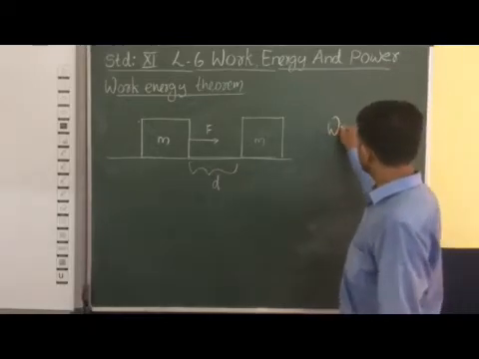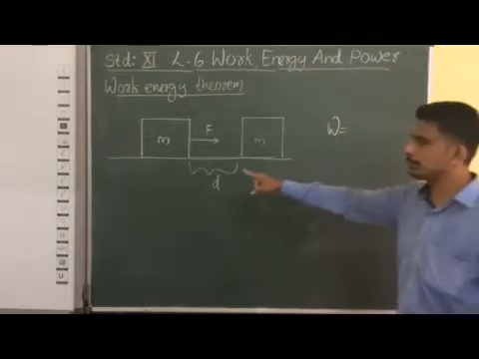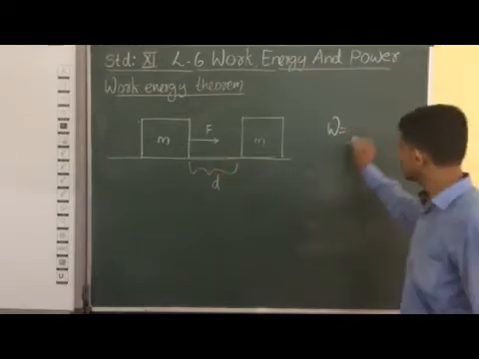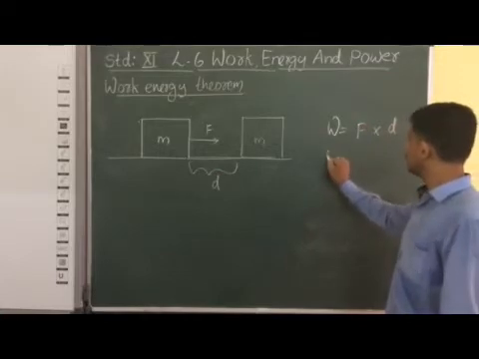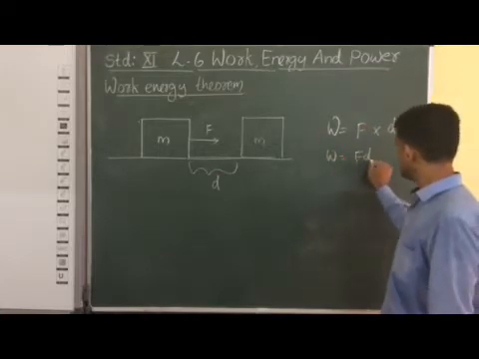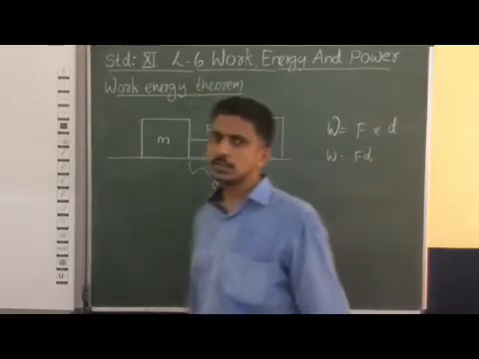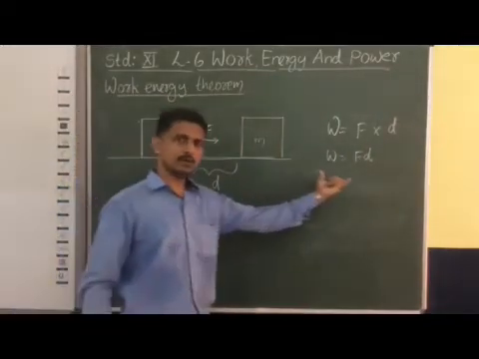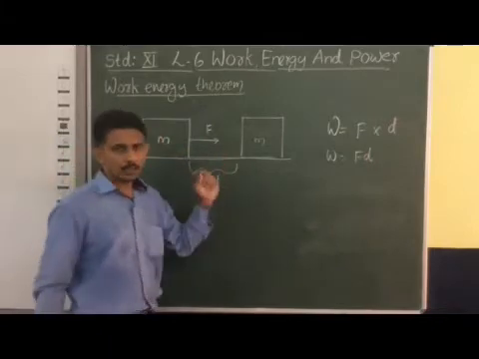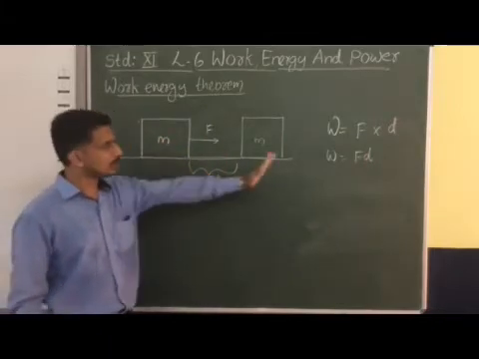We calculate work done as the product of force and displacement, F into D. So this is the work done by the force on this object in order to displace it in the forward direction.